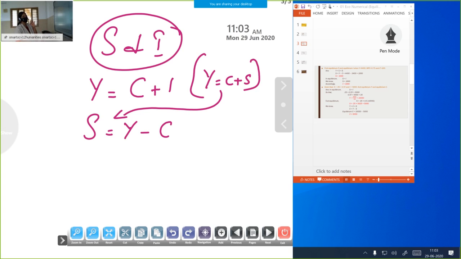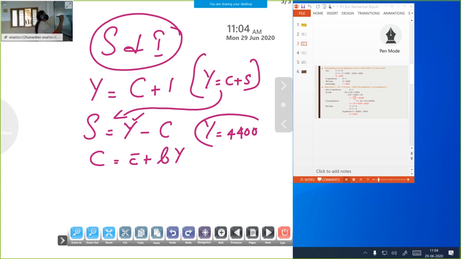Anyway, C is given, right? C dash is given. See here, Y is equal to C plus S. C is equal to C dash plus bY. Y they have given, Y is equal to how much? 4,400. Y is given.